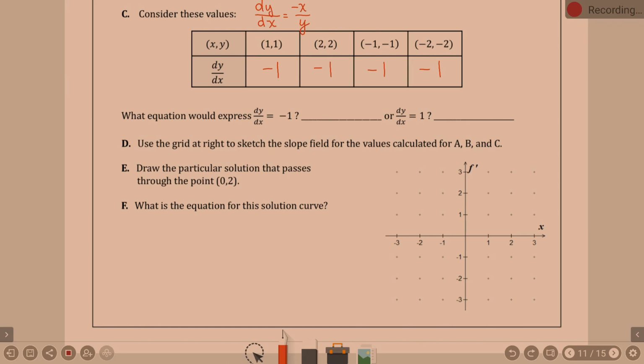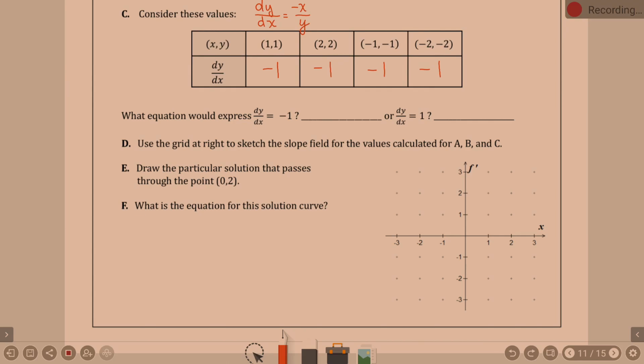What equation would express dy/dx equals -1? So when x equals y, like when they have the same number, except when we were plugging these in here, there was a negative that played into it.